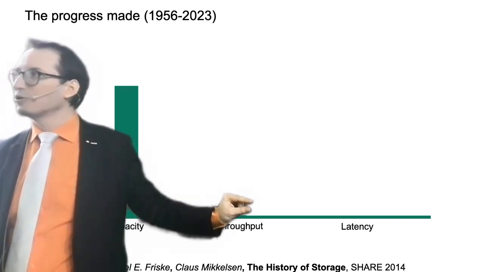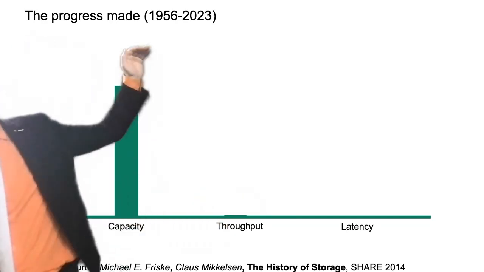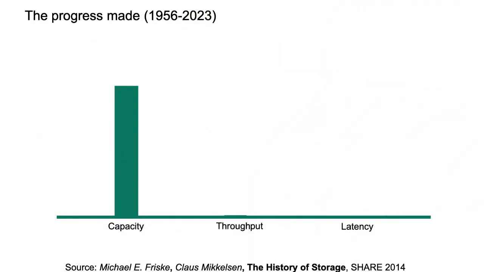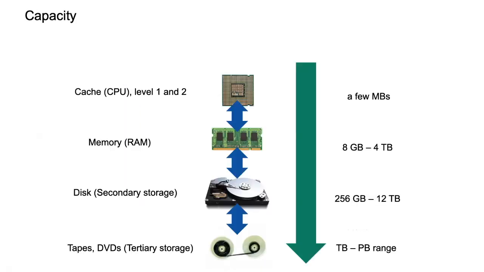This is how much faster you read your data, but this is how much more data we store. And now we see we have a big problem. And the latency, you barely see it because it should diminish. It's better when it's less, but it has barely changed. So this is a huge catastrophe, and this is why we need to come up with all these new ways of dealing with data to compensate for this big issue, right?